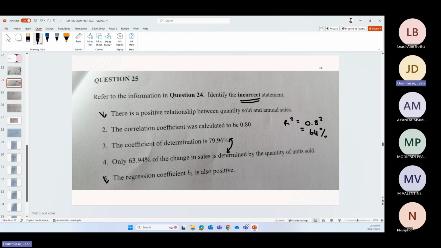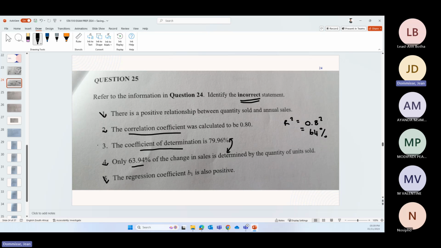So if the correlation coefficient is 0.8, we know that 64% is also correct. Those two must both be correct, because we're only looking for one incorrect one, which is then your coefficient of determination, because that should be the same as option 4.